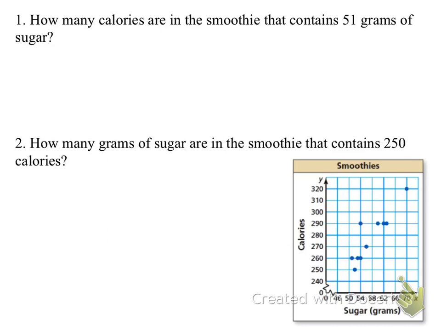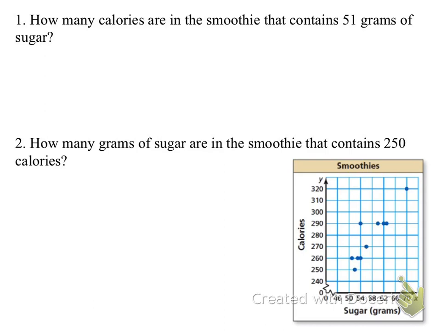Okay, how many calories are in a smoothie that contains 51 grams? Why don't you guys each do this on your paper right now? Pause it. Give me a thumbs up when you're done. Okay, someone I haven't heard from. Nicole, how many calories are in a smoothie that contains 51 grams of sugar? 260. Yep, 260.